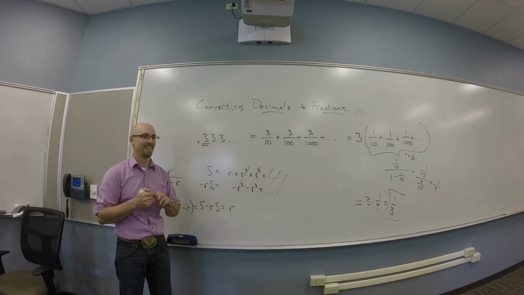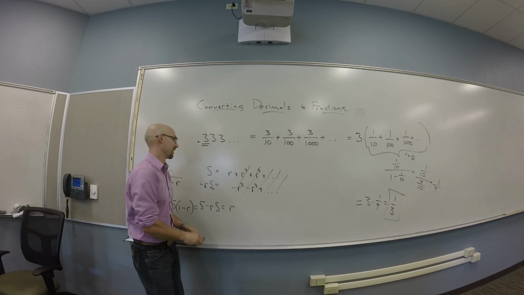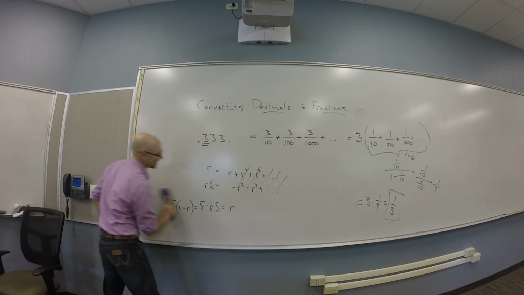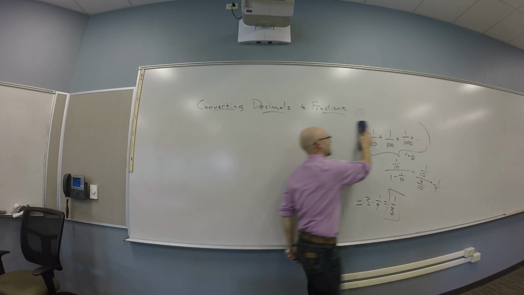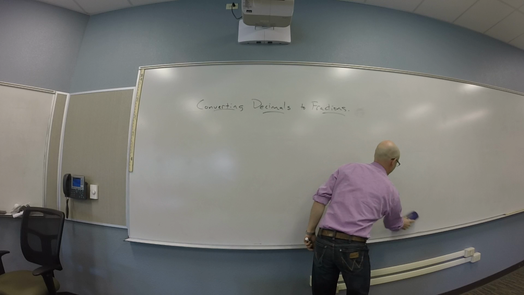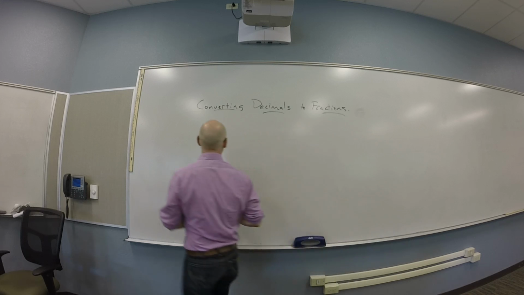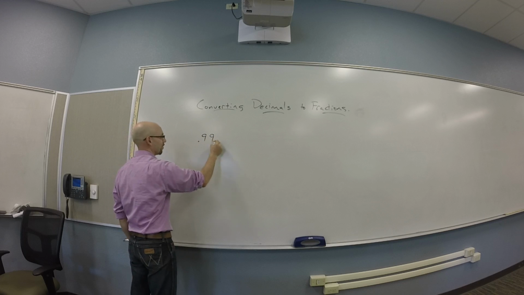Why is 0.9 repeating 1? Good. Perfect. What an excellent question. Why is 0.9 repeating actually equal to 1? There's a bunch of thoughts, but since we just learned this trick, we may as well learn this one.